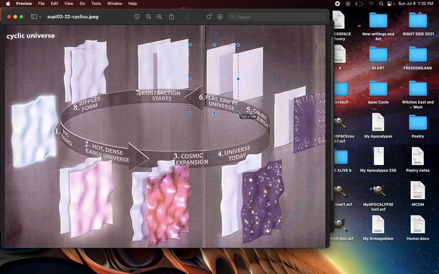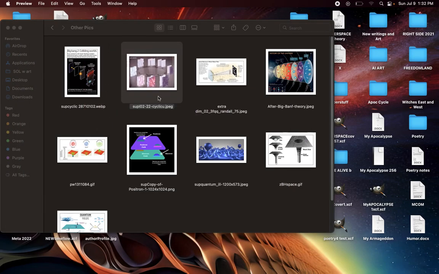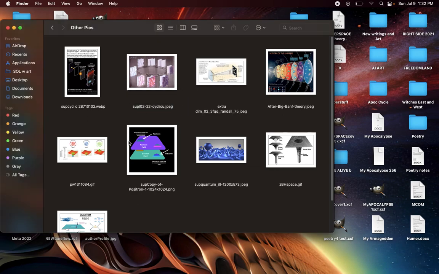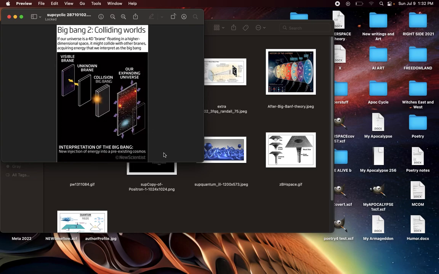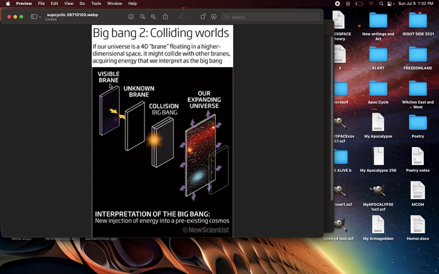It's a different sheet, different dimensional sheets, as I've already showed you. So this idea, and we also have this little graphic here, which someone created with branes colliding to create the Big Bang. Again, it's that idea.